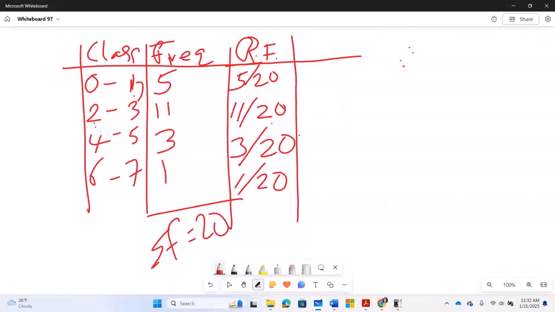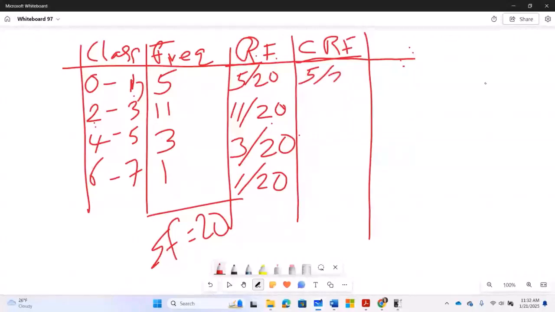What if I'm told to include what is called the cumulative relative frequency, CRF? The cumulative relative frequency is the relative frequency of the class plus any one above. For the first class, the cumulative relative frequency will only be 5/20 because there is no class above it.